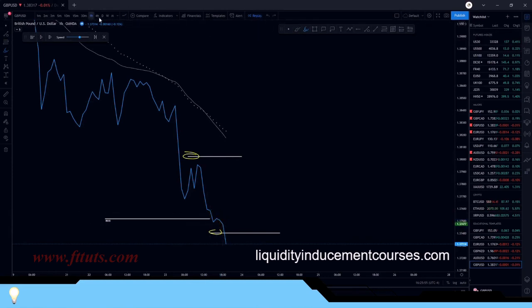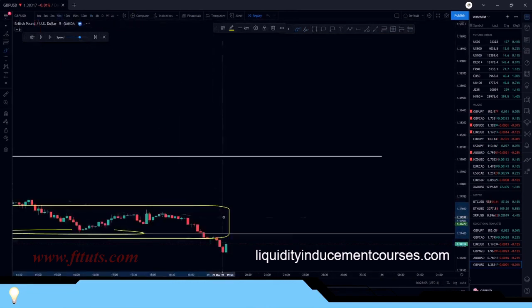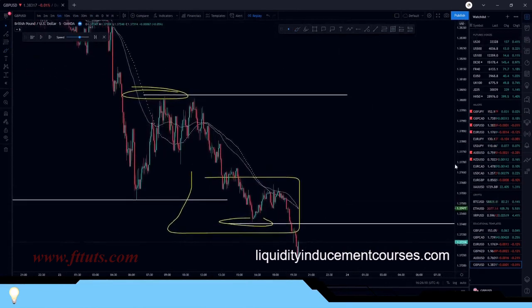And just remember that we're simply looking at it on a single time frame. However, if we do go and zoom into this area on the 15-minute, or let's say the 5-minute, we're going to see that it's significant or clearer market structure.